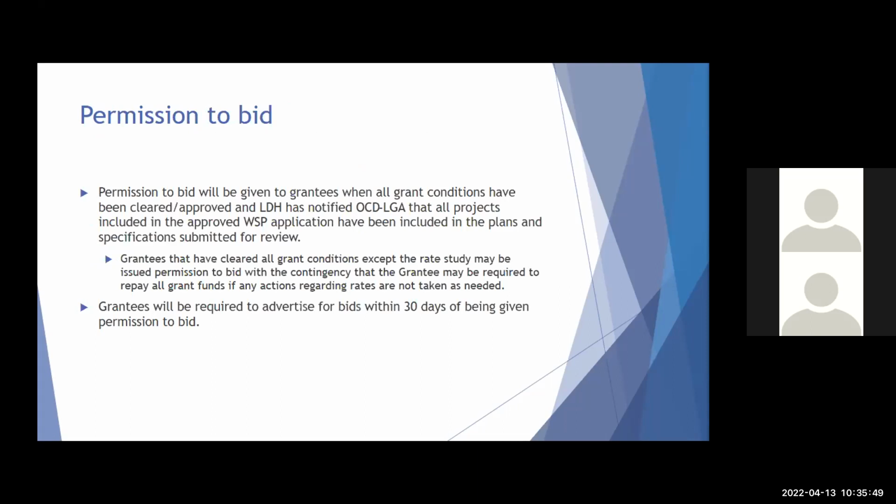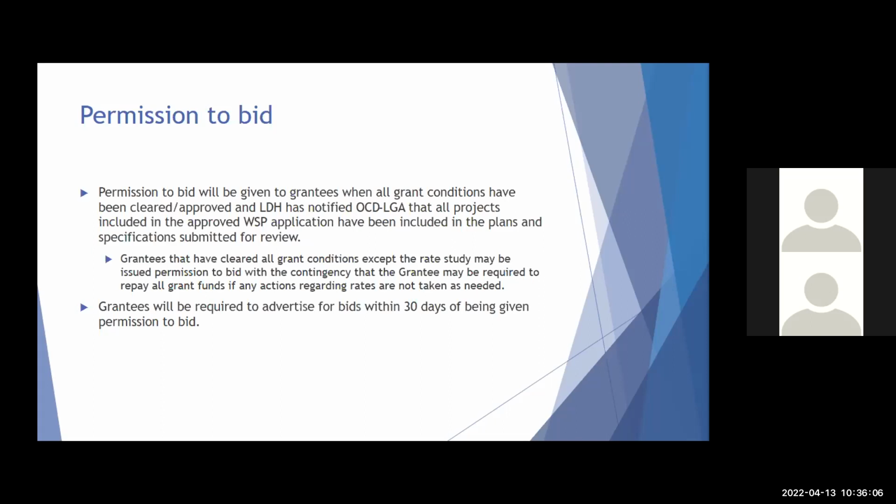For grantees that have cleared all grant conditions except the rate study, we may be able to issue your permission to bid with a contingency that the grantee may be required to repay all grant funds if any actions regarding the rates are not taken as needed.